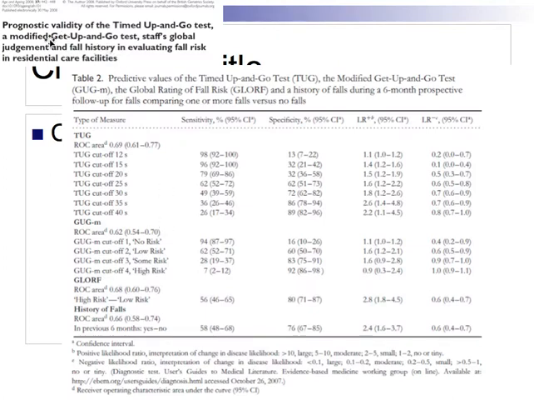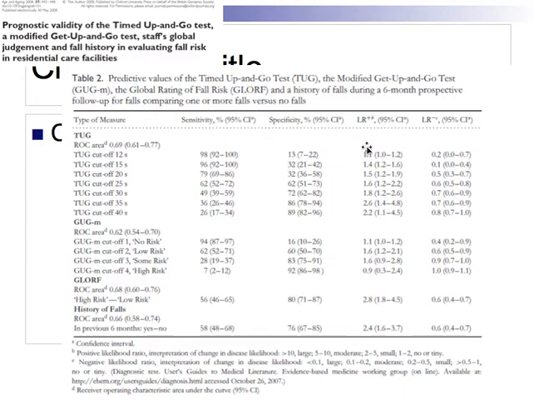But now let's look at this study, which is applying that same timed up and go test to a different group of people. Here we have prognostic validity of the timed up and go test, a modified get up and go, so another test, and some other ones in residential care facilities. So a different sample, and they're thinking, okay, this timing's going to be good, so we'll look at different cutoff values: 12 seconds, 15, 20, 25, 30, 35, and 40.